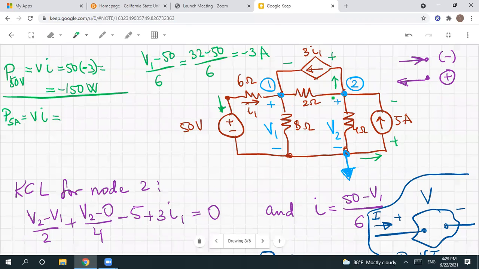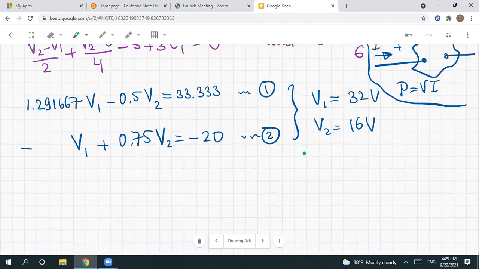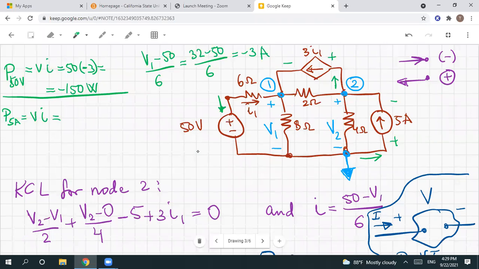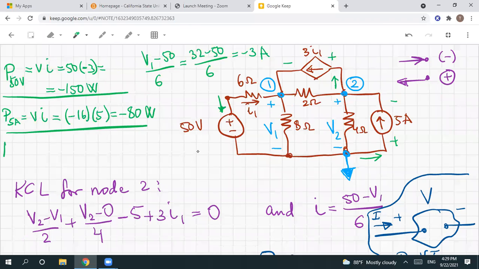So the voltage assigned in green here will be negative V2, and V2 is found to be 16. So it will be negative 16 times the current, which is 5, and this will be negative 80 watts. So again, the current source delivers power.